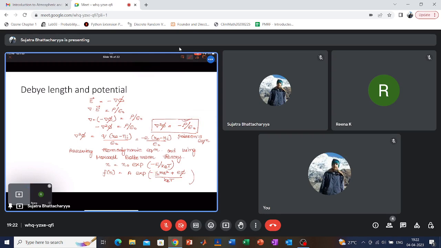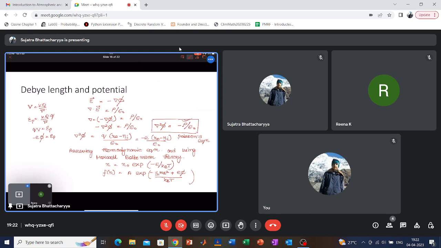See, if we have a potential whose expression is k q by r, and we know that energy is k q by r into q. Therefore, q into v is actually E, which means this is the potential energy, the EP, right? Now, q here is minus E. So minus E into phi is nothing but the potential energy. And there is a minus sign, so minus minus becomes plus. Simple. This is the expression which we are getting.